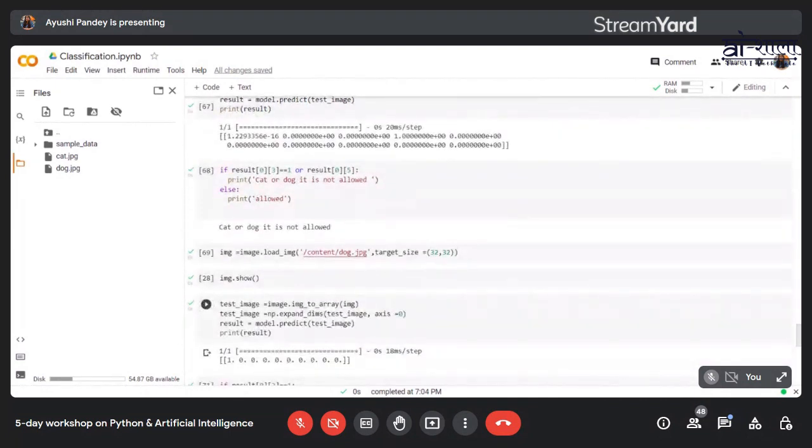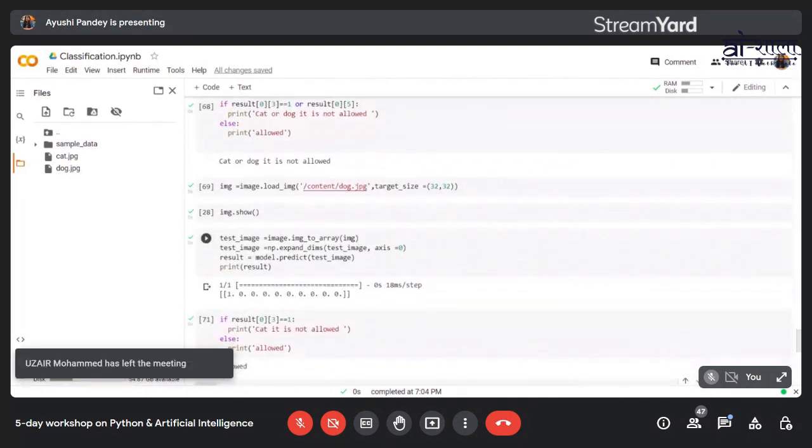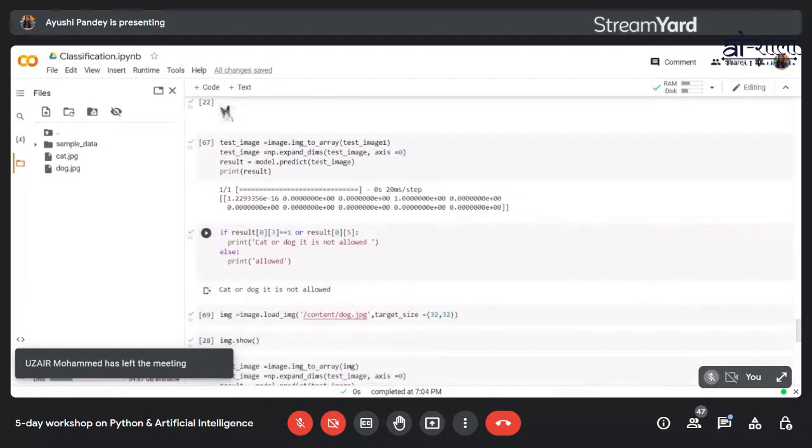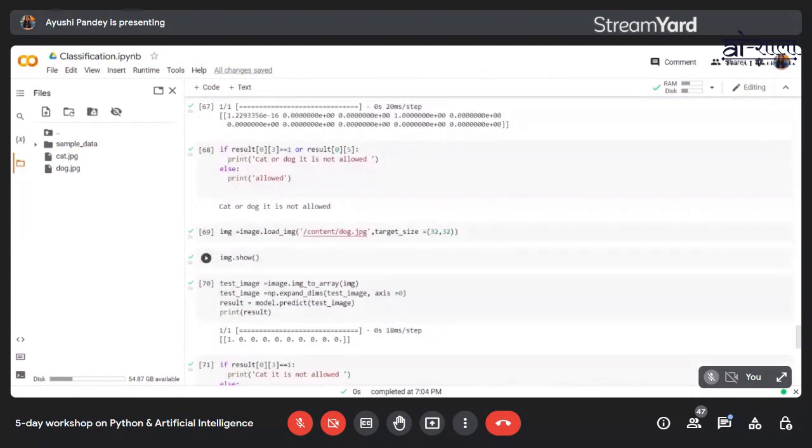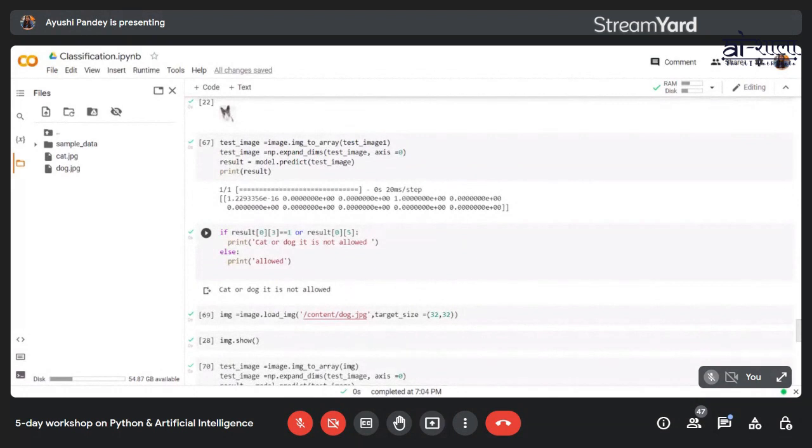You might come across this issue, and you will retrain your model, change the layers, and work with it again, until the result is according to you, because accuracy will never be 100%, so there are chances for a few errors.